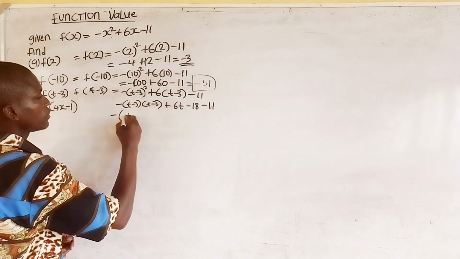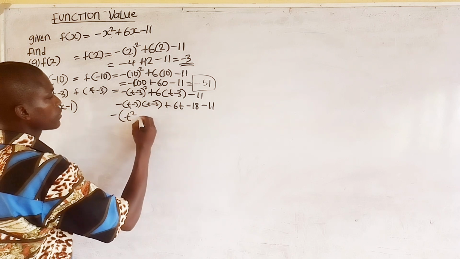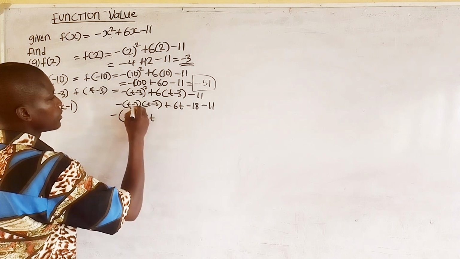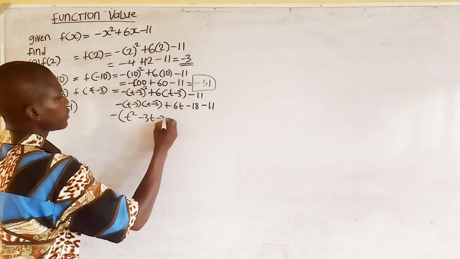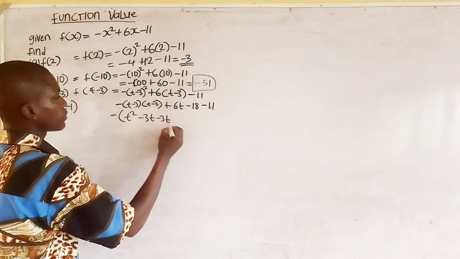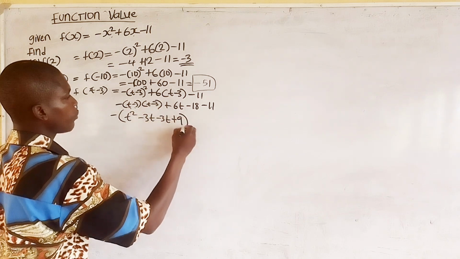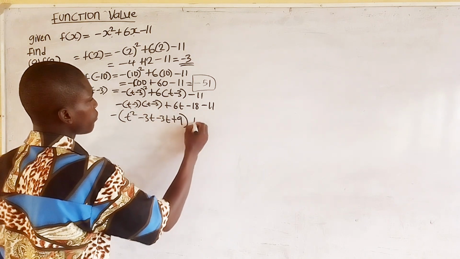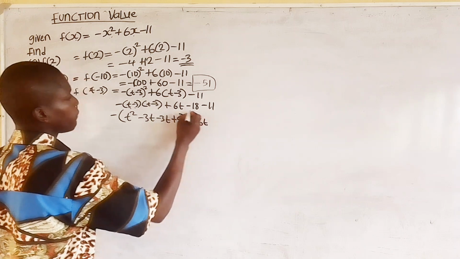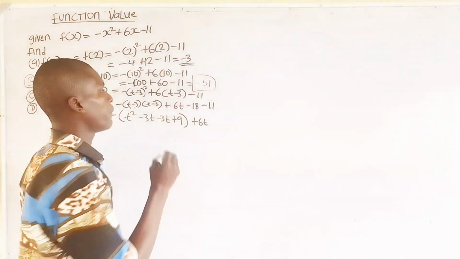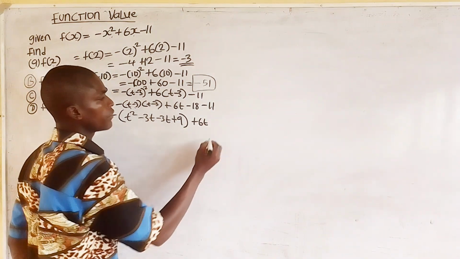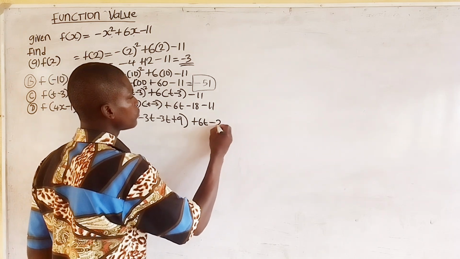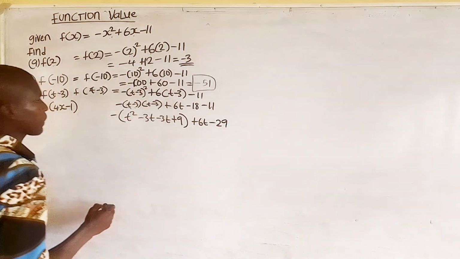T times t, t squared. T times minus 3, minus 3t. Minus 3 times t, minus 3t. Minus 3 times minus 3 give you plus 9. Close your bracket. Plus 6t. Minus 11, minus 18 minus 11 will give you minus 29.